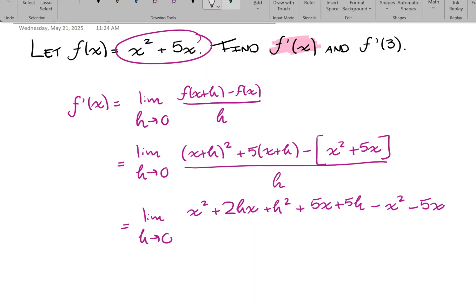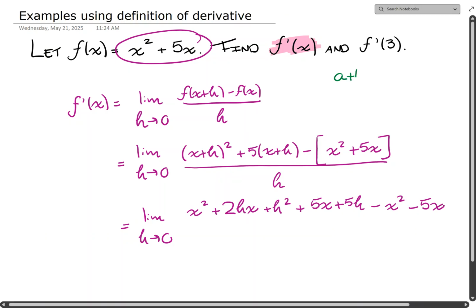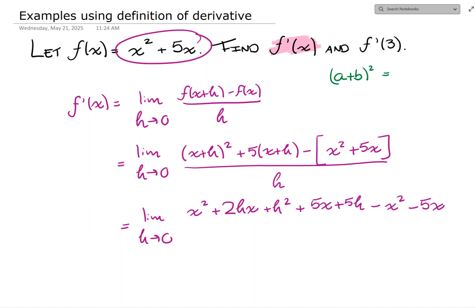While we're at it, maybe it'll help to just have another justification for why this is a squared plus 2ab plus b squared. Here is a plus b. Here's another a plus b. We're going to square it.